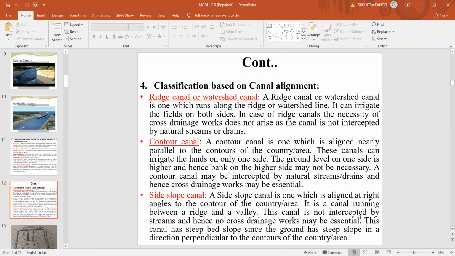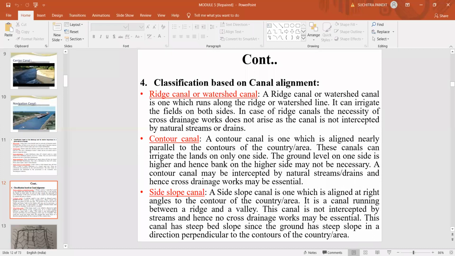This canal is not intercepted by the streams, and hence no cross drainage works may be essential. This canal has a steep bed slope, since the ground has a steep slope in the direction perpendicular to the contour of that particular area. So based on the canal alignment, it can be a ridge canal or watershed canal, a contour canal, or a side slope canal.